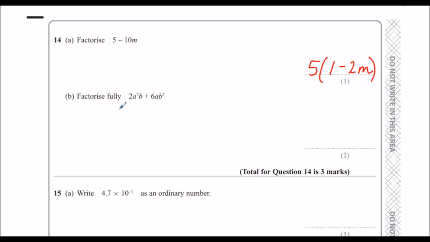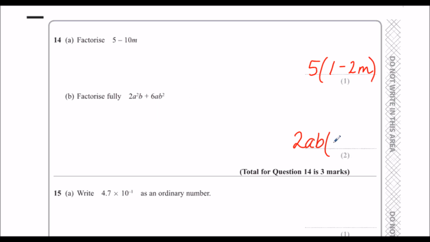Factorize fully. So this time 2 and 6 are both in the 2 times table. A squared and A have both got an A in them. B and B squared have both got a B in them. So 2 times what? Well, 2AB times what makes 2A squared B?